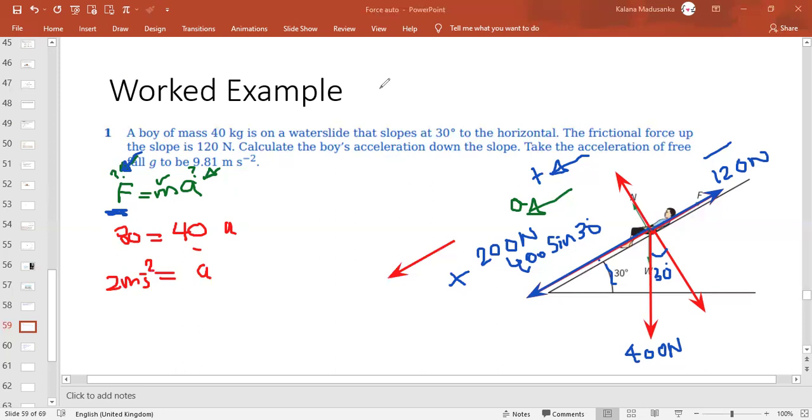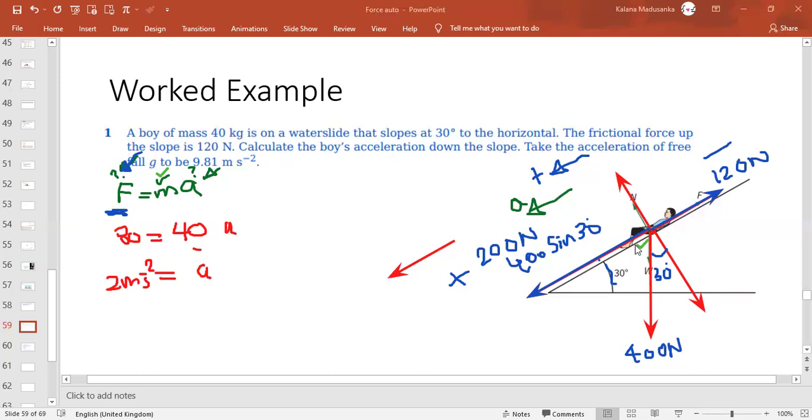Now, let me show you where the students are actually confused and have trouble getting the answer. I think anybody can easily find out the F. You have to use the F equals ma equation. But certain students are getting the answers wrong because they are assuming this angle is equal to 30 degrees. That is the first wrong thing.